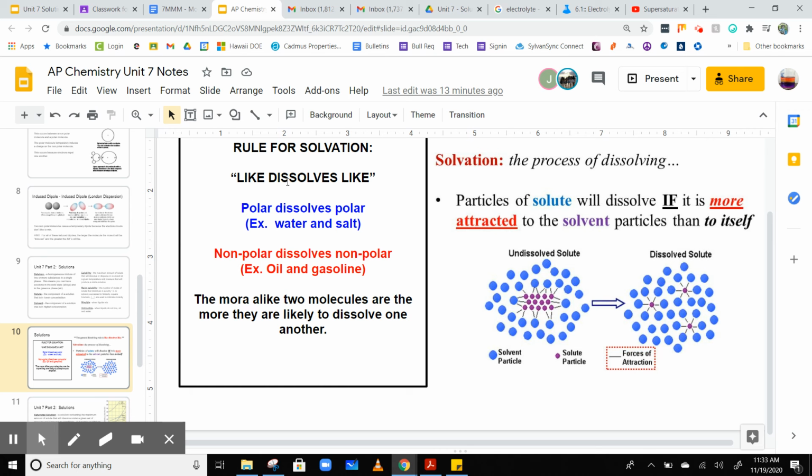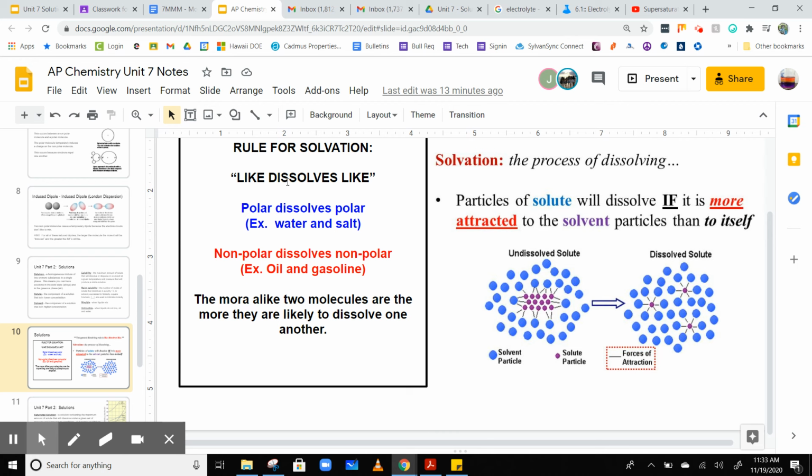That's basically because of the attraction between solvent particles compared to the solute particles. They're not going to mix if they're not equally attracted to one another. If the solvent is really attracted to the solvent and a solute comes in that's not so attracted, it's not going to mix.